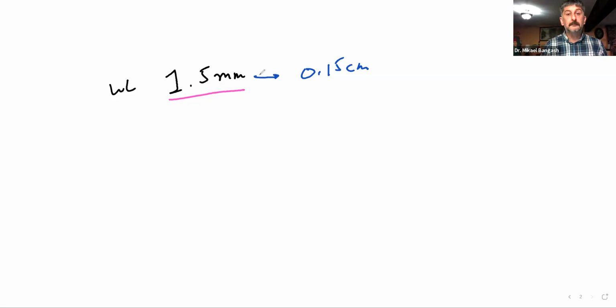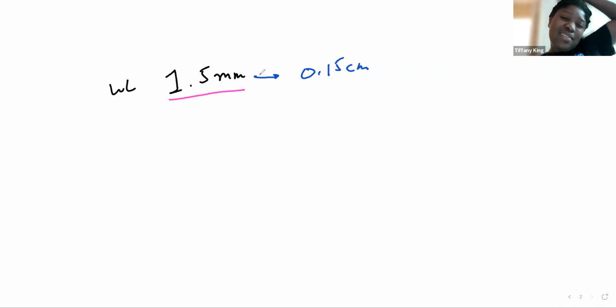Did that make sense? Kinda. Can you explain like 0.1 centimeters? Like, you convert it from millimeters to centimeters first? Exactly.